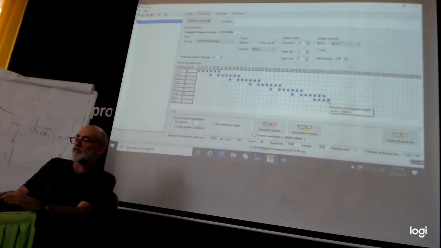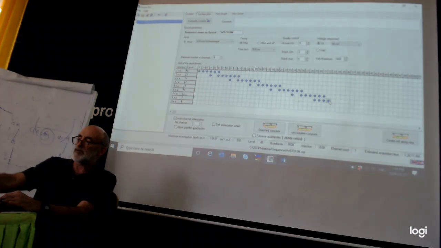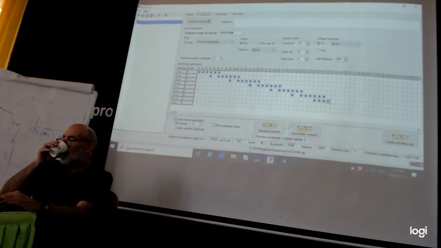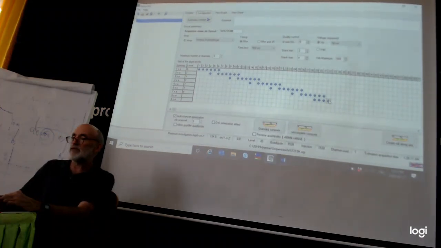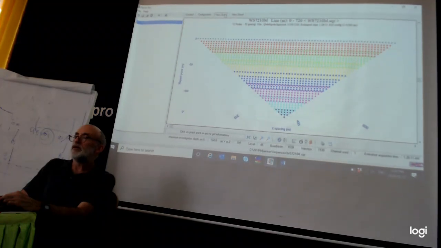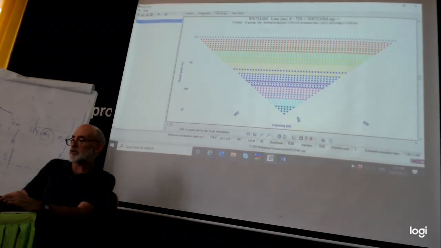And you can see that it flashes and tells you its estimated maximum investigation depth from that one. 134.8 meters. And there's what it ends up looking like.